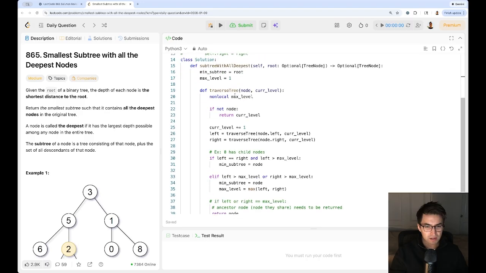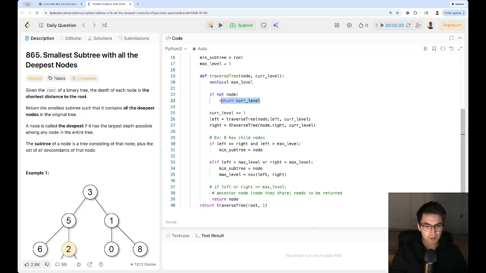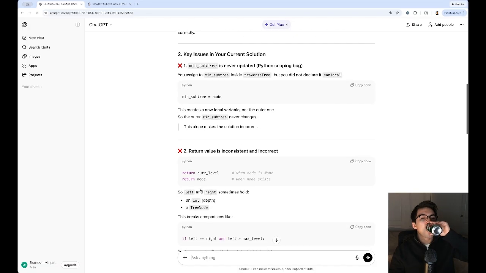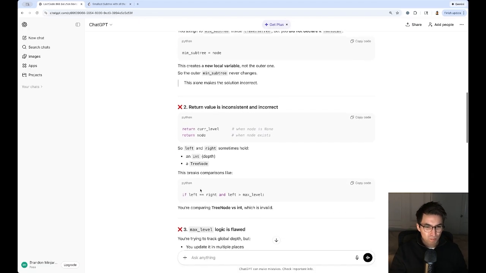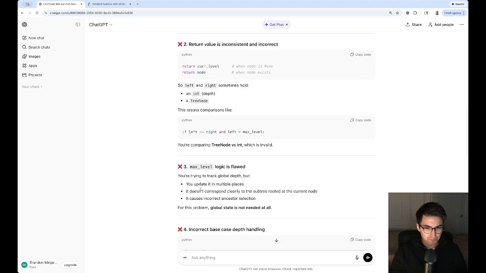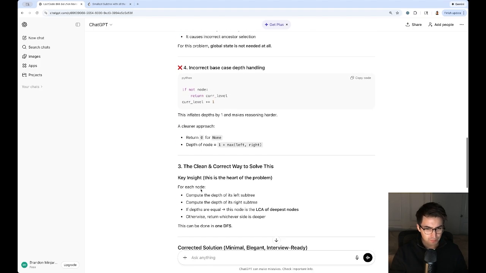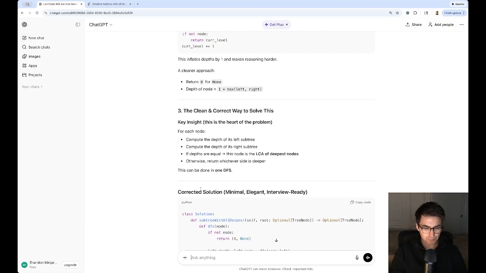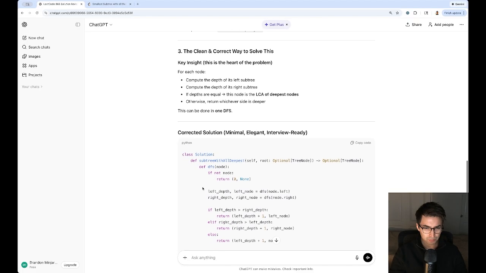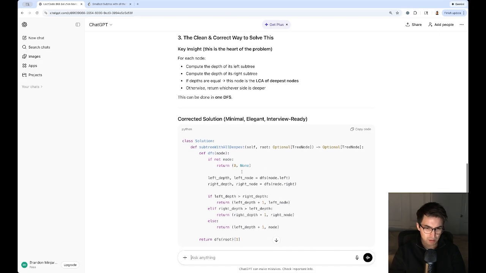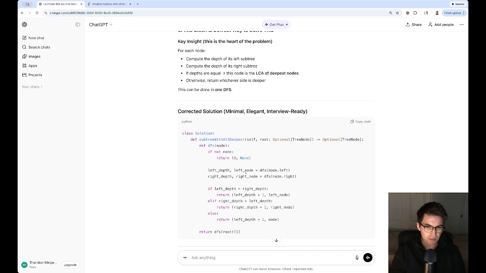Yep, I see that. That is very bad form. Return 0 and none. Depth.